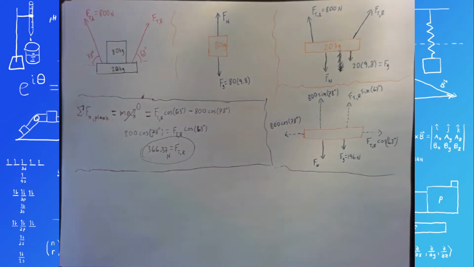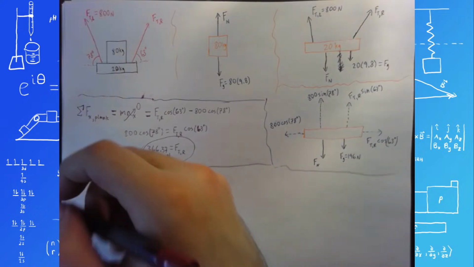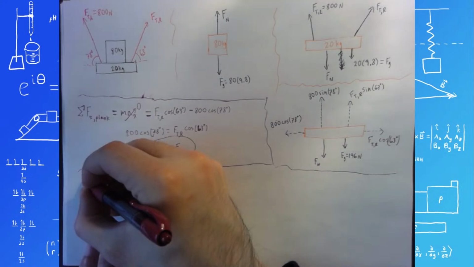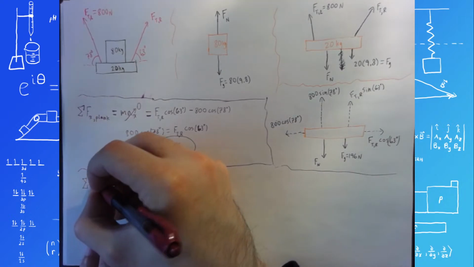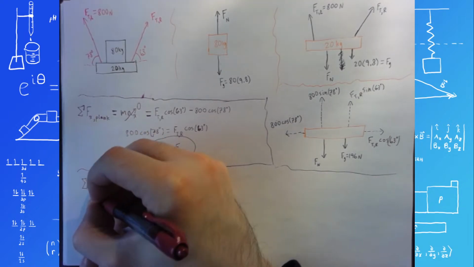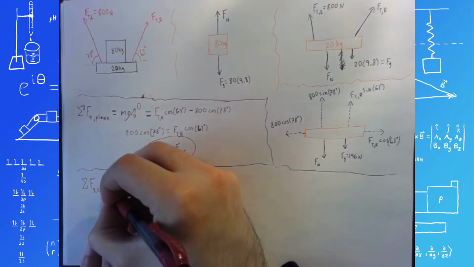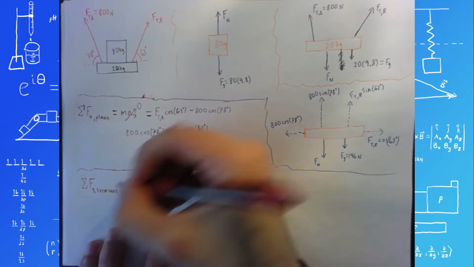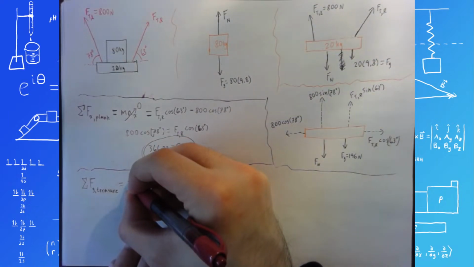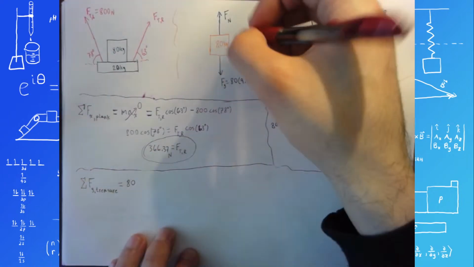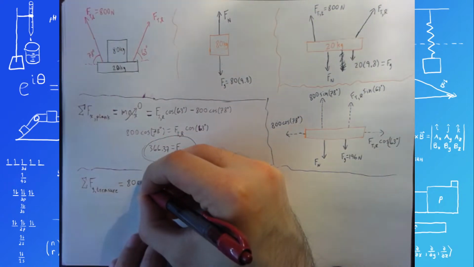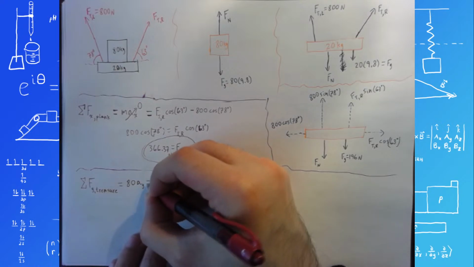So let's go ahead and write our vertical net force equations. Net force Y of the treasure is going to be the mass of the treasure, which is 80 kilograms, times the acceleration of the treasure in Y. We don't know yet.